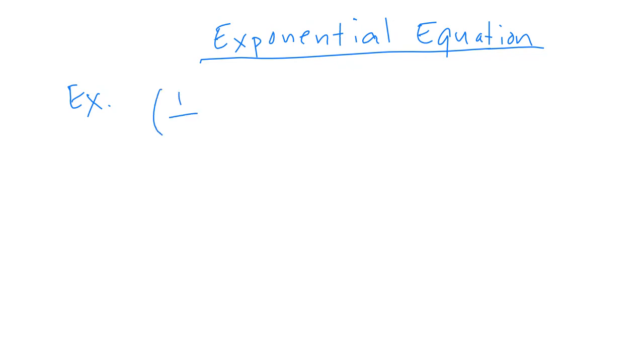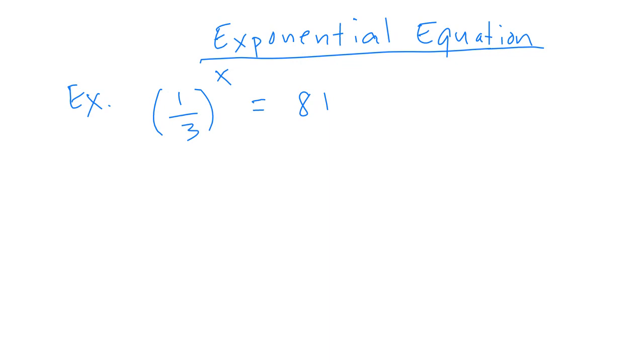So for example, you have 1/3 as our base, and you have x here, and the other side is 81. What you can think here is applying the property of exponents.